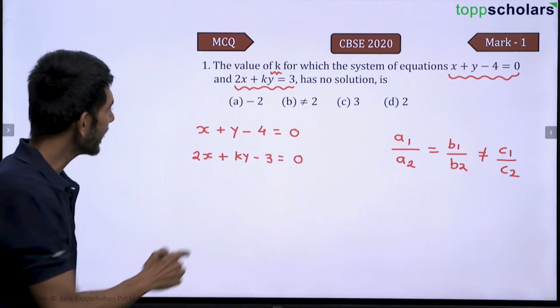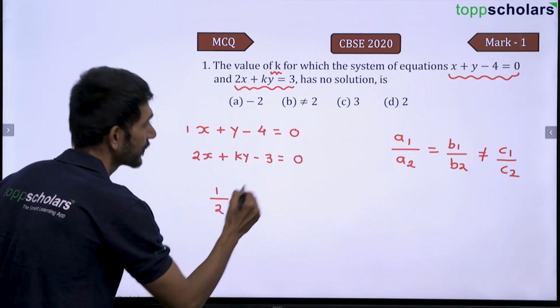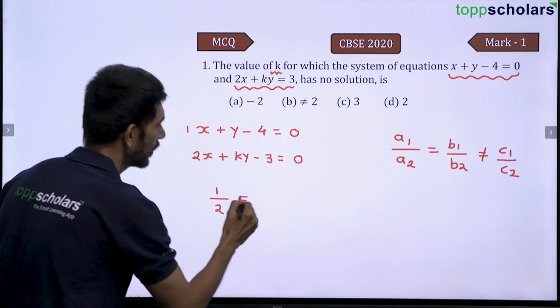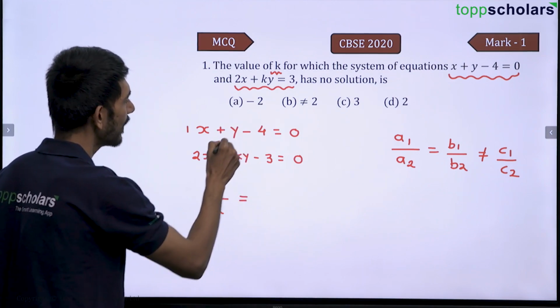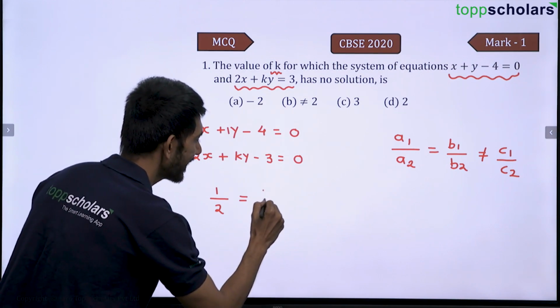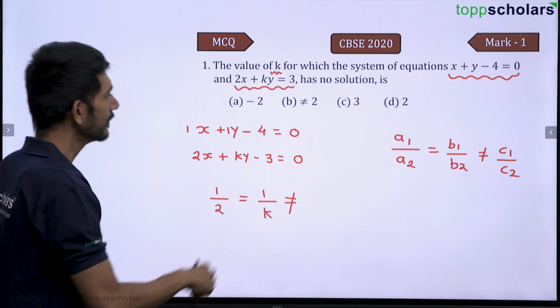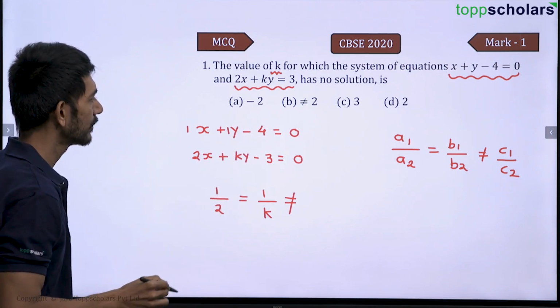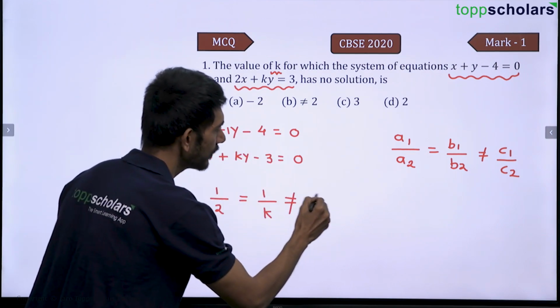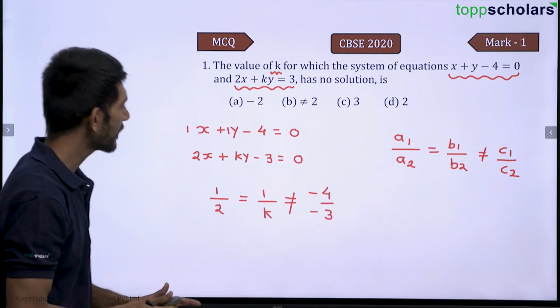Now we know a1 by a2. What is a1? a1 is 1. So can I say 1 by 2 is equal to b1 by b2? Here I have 1, so 1 by k is not equal to c1 by c2. So c1 by c2 is minus 4 by minus 3.